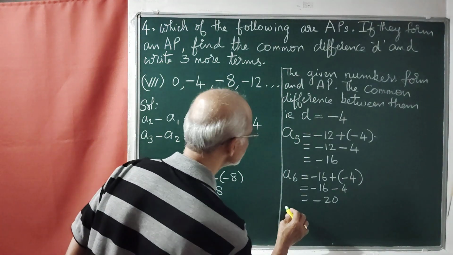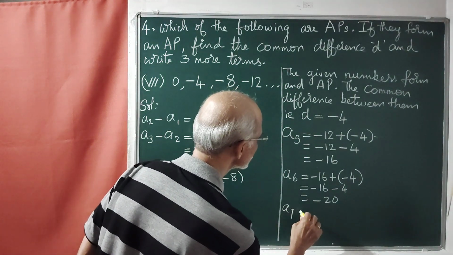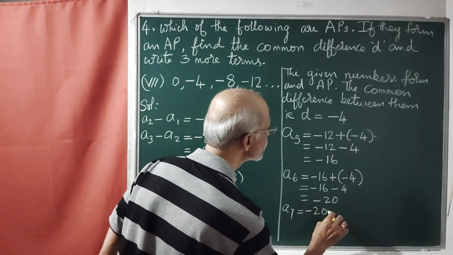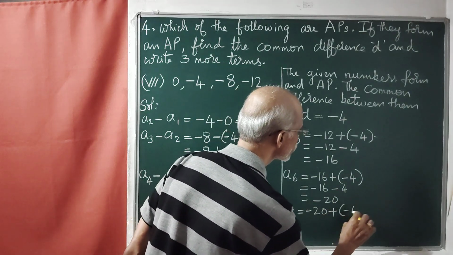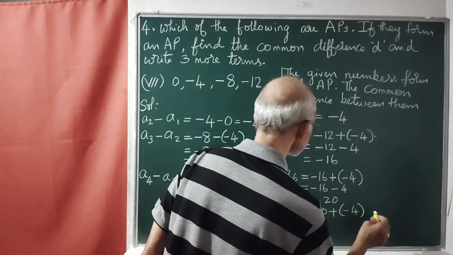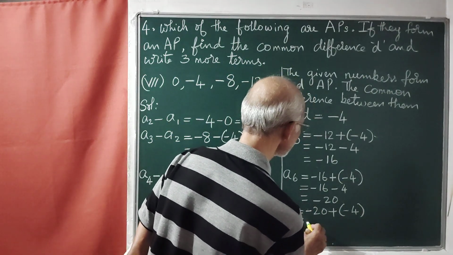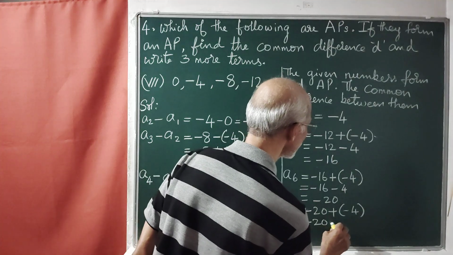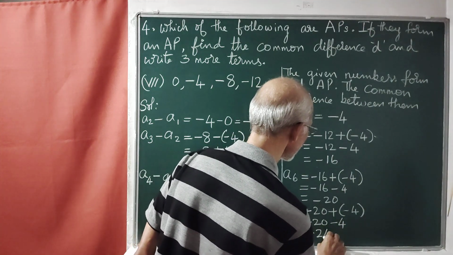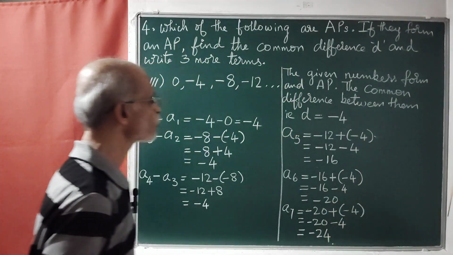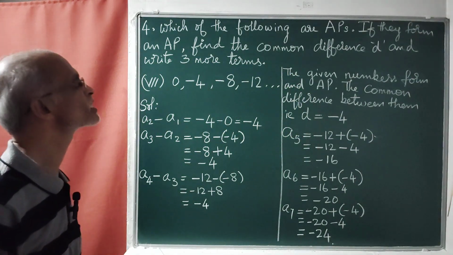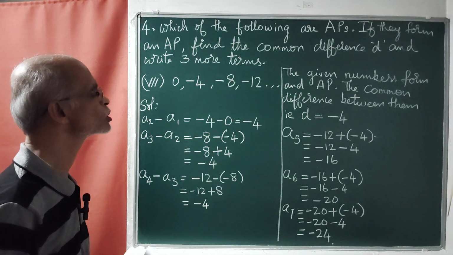No, seventh term. A7. So minus 20 plus minus 4 equal to minus 20 minus 4. So minus 24. So the required terms are minus 16, minus 20 and minus 24.